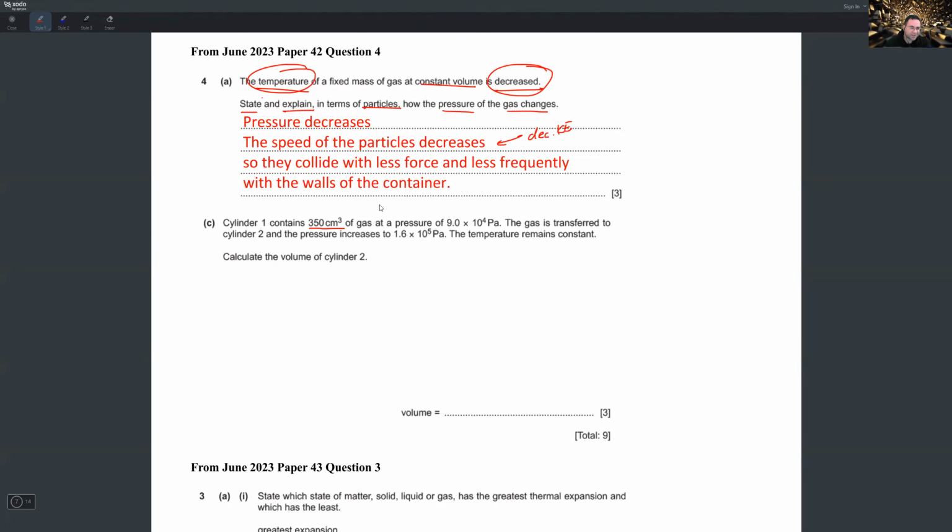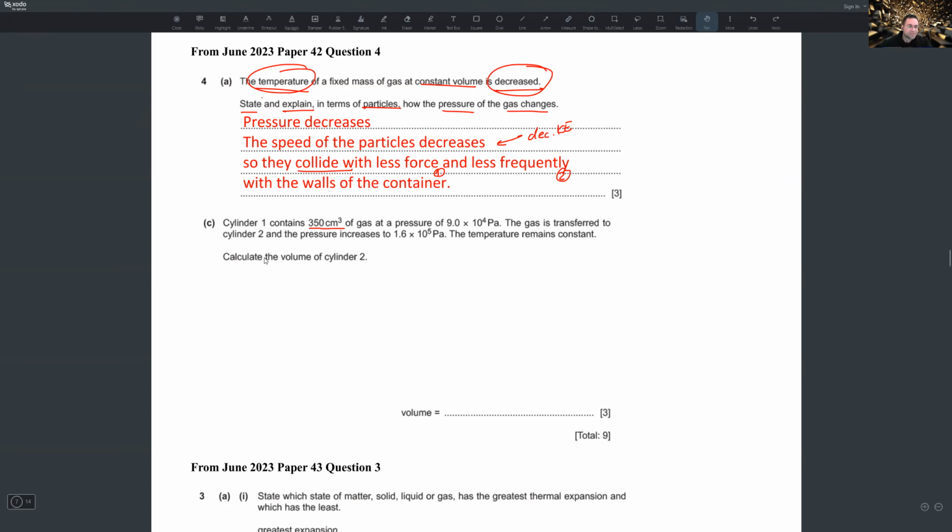That's okay. But when you describe the collisions, you need two points: the force decreases and the frequency decreases. You have to say both. But the decrease in kinetic energy is instead of speed. That's fine.